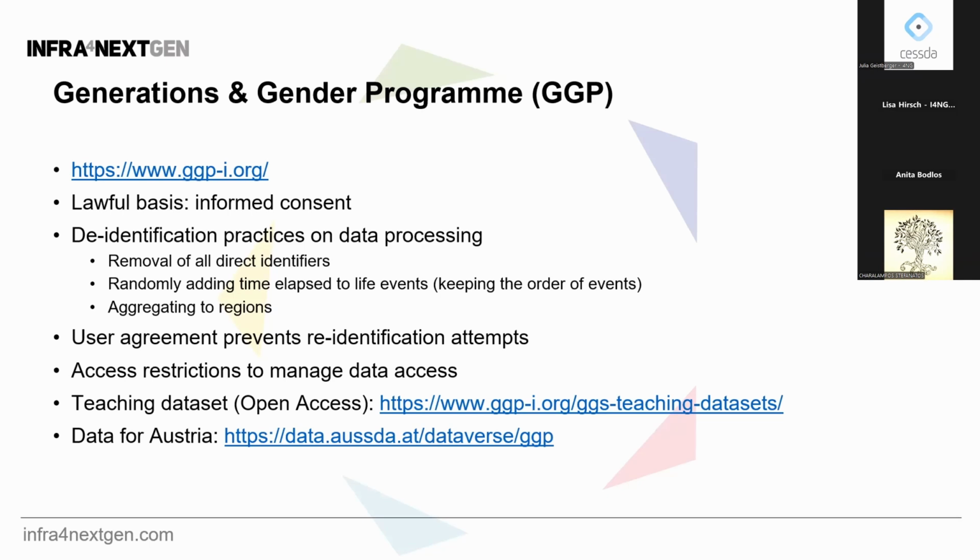And then, since this program works with important life events of respondents, they add some random noise to these time events by adding randomly between 0 and 3 months to the time elapsed since these events.